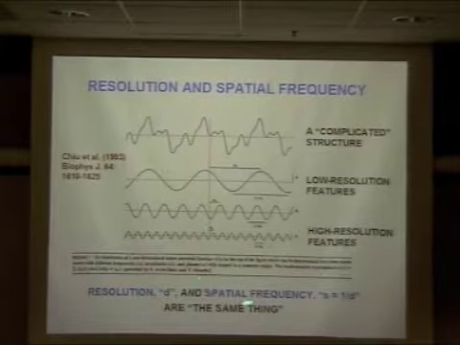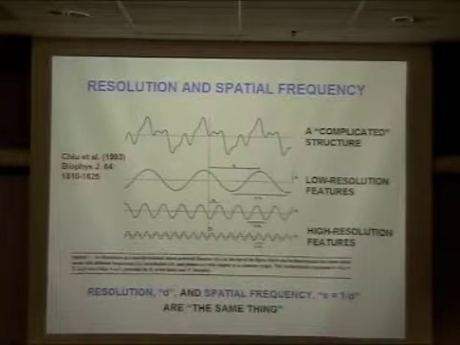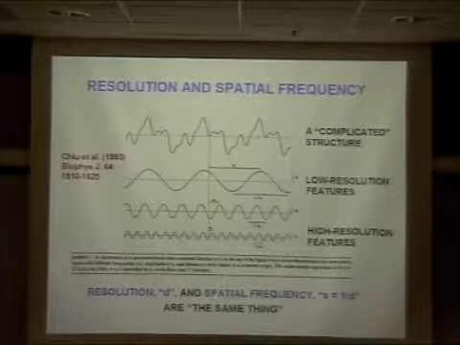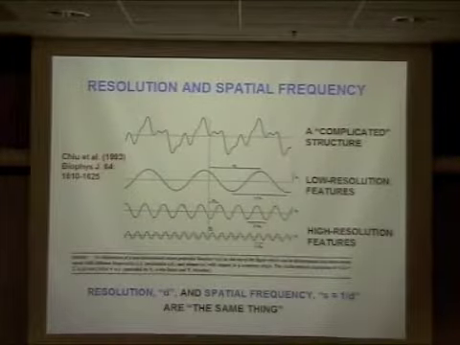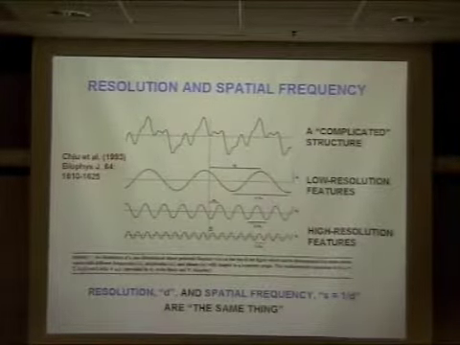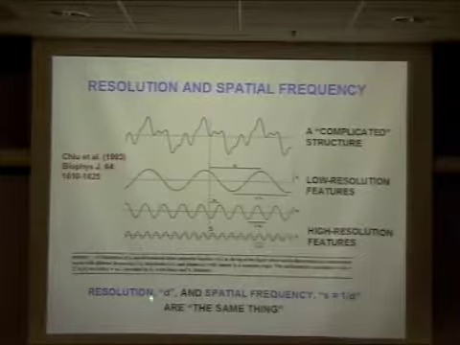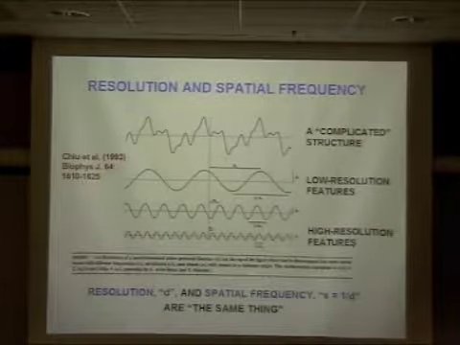So resolution and spatial frequency, which is the reciprocal of the period. If you have a periodic function, then you also speak of its frequency. So resolution and spatial frequency are the same thing.